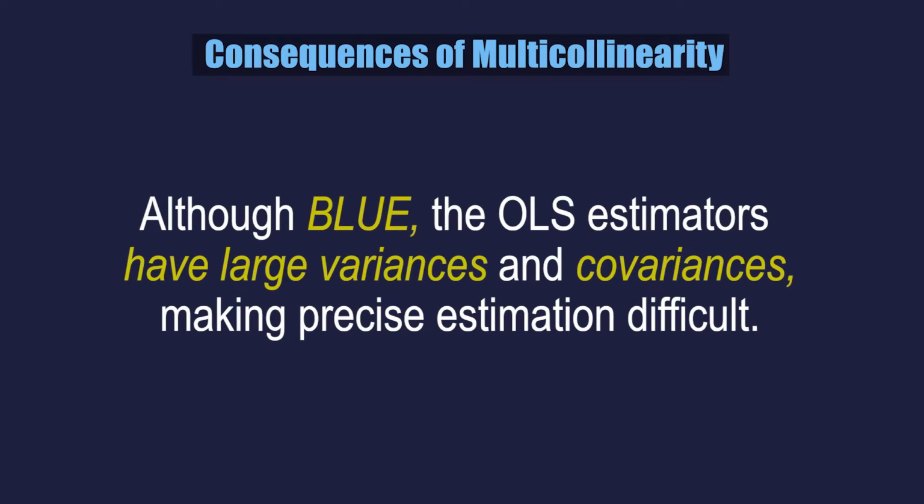To come to the consequences, first we look at the best linear unbiased estimate property, which we call the BLUE property. In the presence of multicollinearity, the BLUE property will be restored, but the OLS estimates will have large variance and covariance, and because the variance will be very large, precise estimation will be difficult.